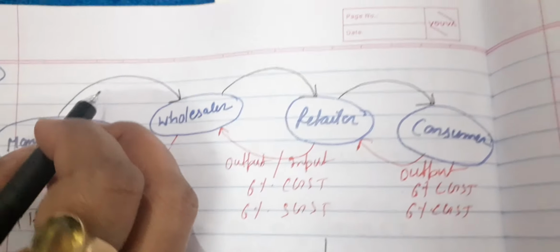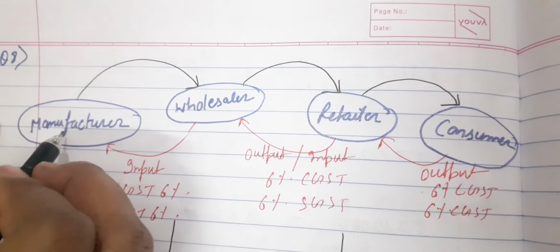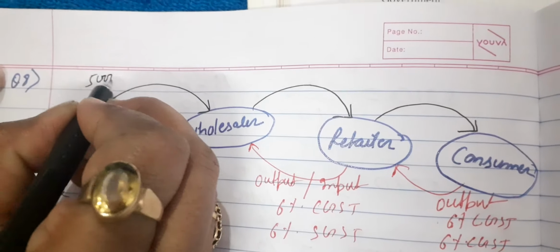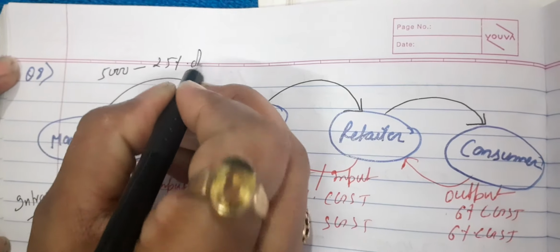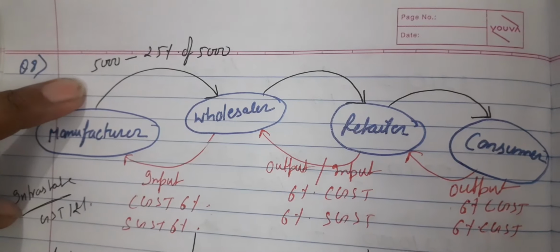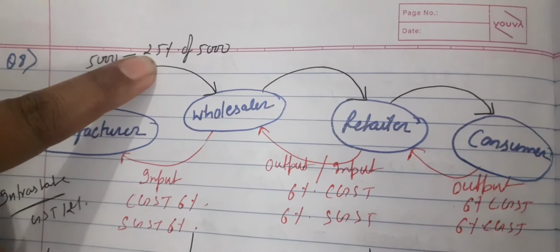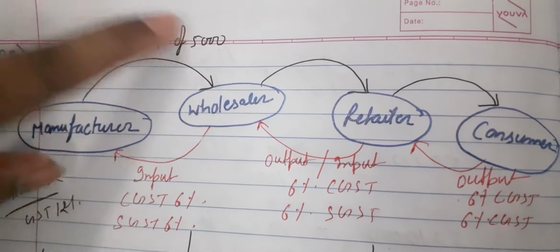So, at what rate did the manufacturer sell it to the wholesaler? That was mark price minus 25% of 5,000. In the question it is given that the manufacturer sold his item to the wholesaler at 25% discount. That's why I have written 5,000 minus 25% of 5,000.